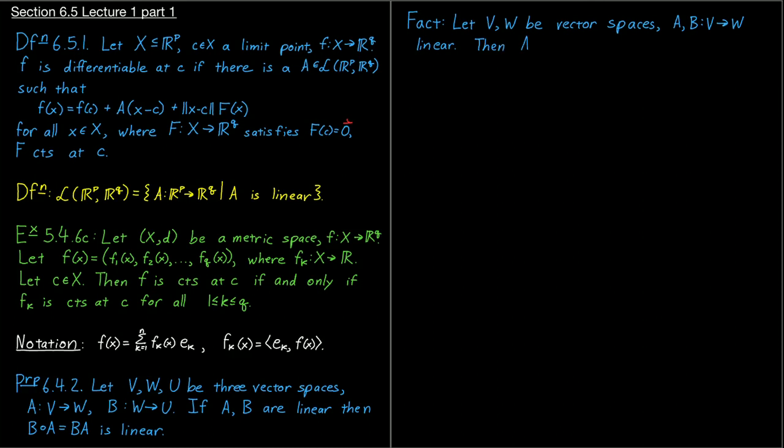Then A plus B is also a linear function. And you remember how to add functions. A plus B of V, that's A of V, we often write that as just AV if A is linear, plus B of V. So the sum of two functions is you just add them pointwise.